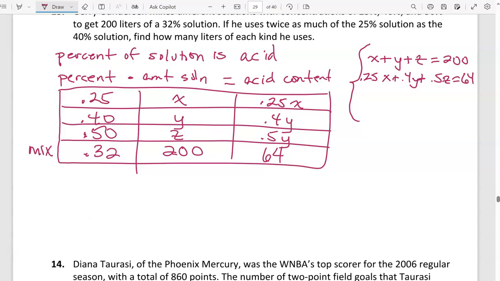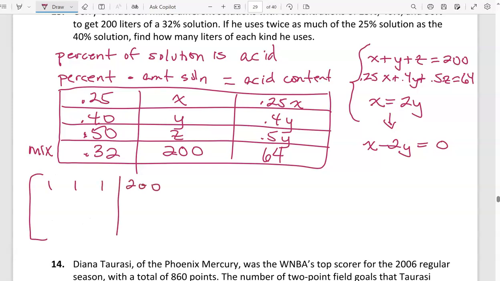So that would be x is twice as much, or 2 times the value of y. We're going to have to write that one in standard form, so that would be x minus 2y is equal to 0. Notice there's no z in that one. Rewriting in matrix form, 1, 1, 1, 200 across the top, 0.25, 0.4, 0.5, 64, middle row, and 1, negative 2, 0, 0 across the bottom.